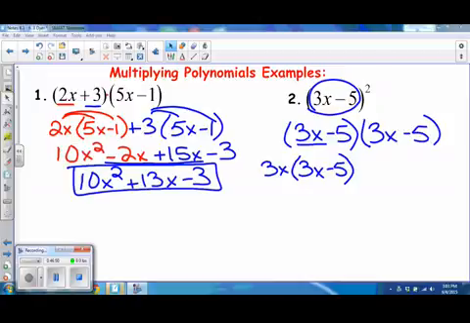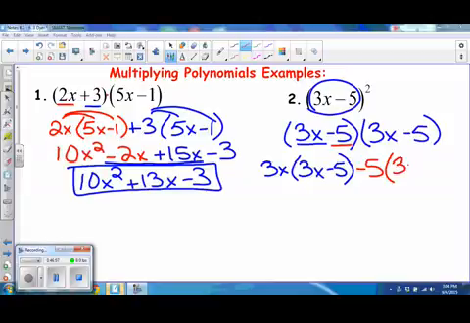What do I distribute next? The negative 5 times 3x minus 5. Now, go ahead and distribute and multiply it out. You will lessen your chance of making a mistake if you do this first.